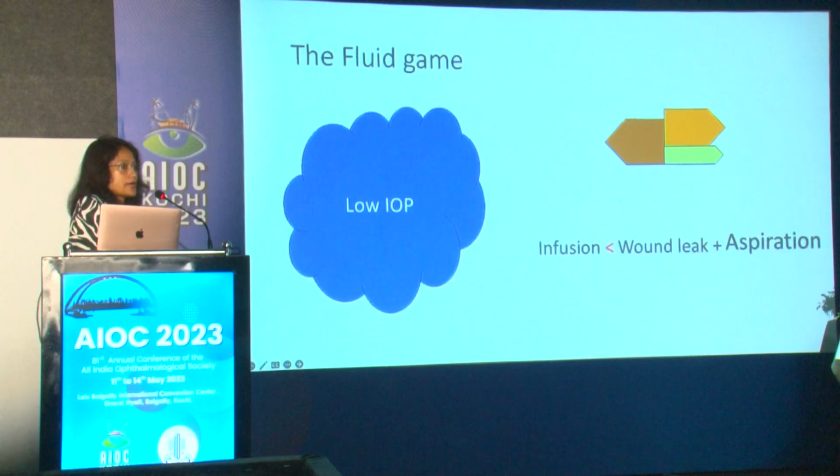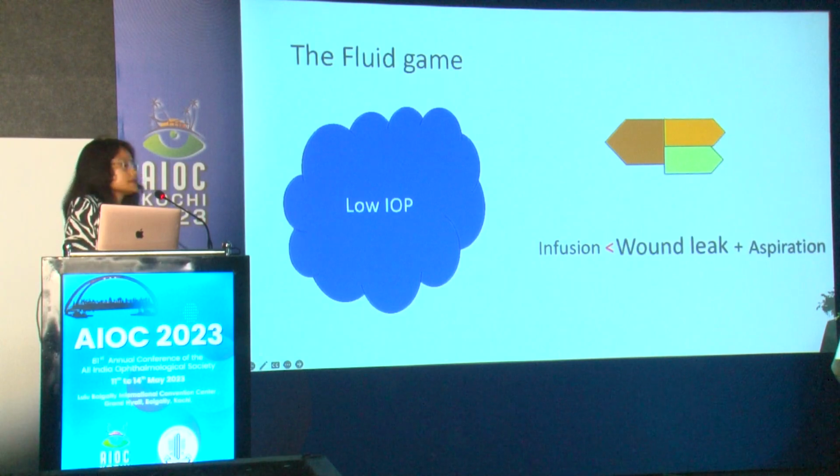What if the reverse happens? If the aspiration goes high and cannot be compensated by infusion, then we'll get shallowing of the anterior chamber because of the low IOP, which is clinically evident. Similarly, the same thing happens if there is excessive wound leakage. We'll get an unstable anterior chamber.